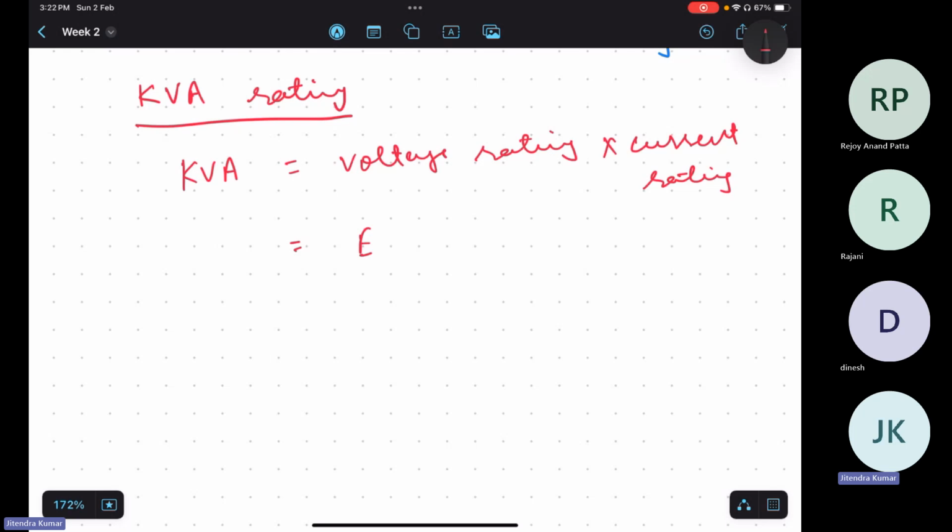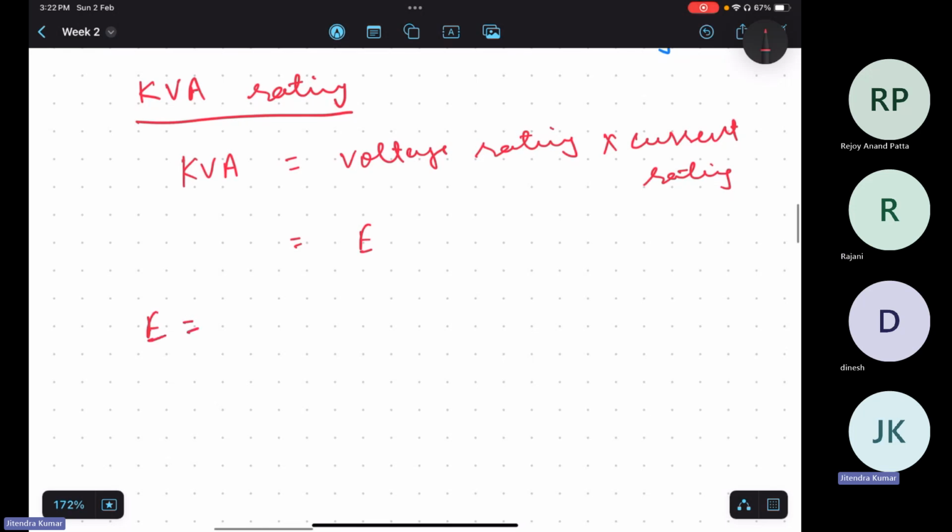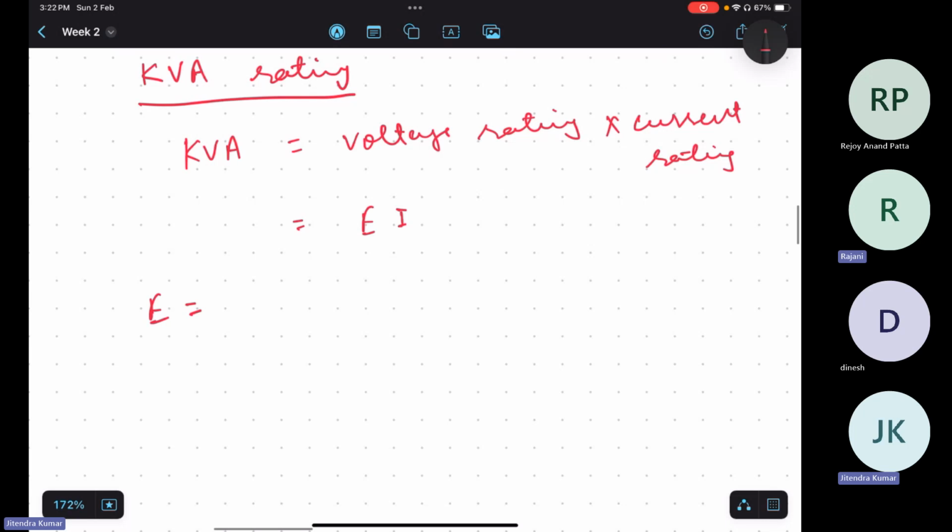What is the expression of induced EMF in the transformer? E equals 4.44 into phi into f into Z. So this should be the amplitude of the EMF, which means the maximum amplitude of the EMF.